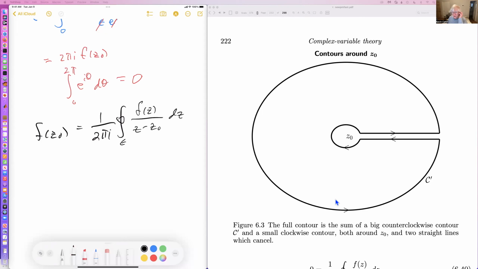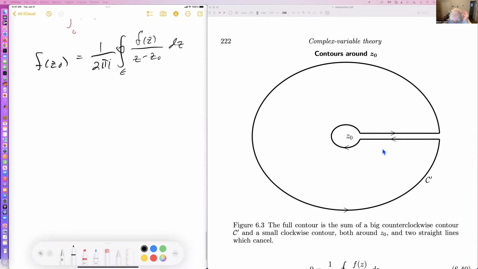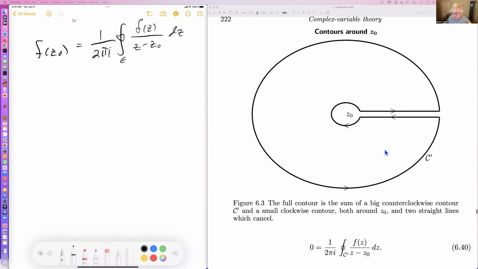But in fact, that's all we need to get the general formula. The idea then is to do a contour like this, and a contour like that is 0. Let me switch to blue maybe.